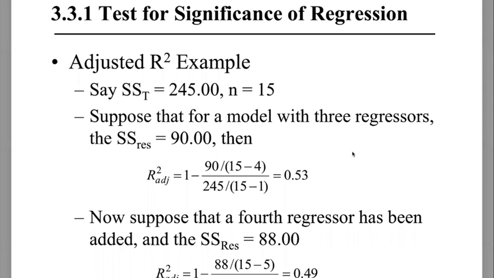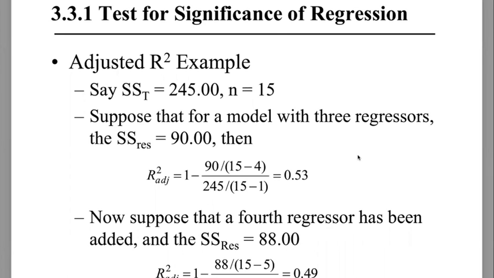Now compare that value of the adjusted R squared of 0.53 with what the actual R squared would be. The actual R squared would be 245 minus 90 all over 245, which would be about 0.63. And you can see here that there's quite a reduction in going from R squared to the adjusted R squared, perhaps because some of those variables are not significant.